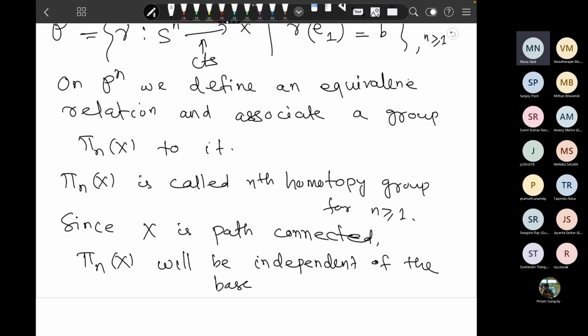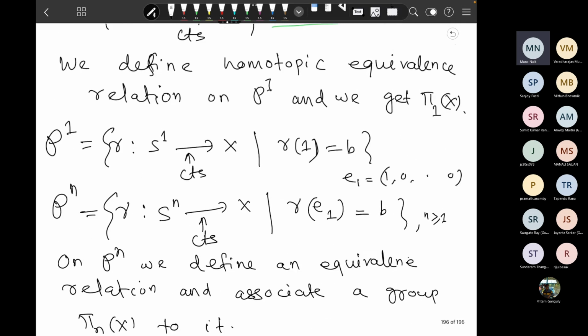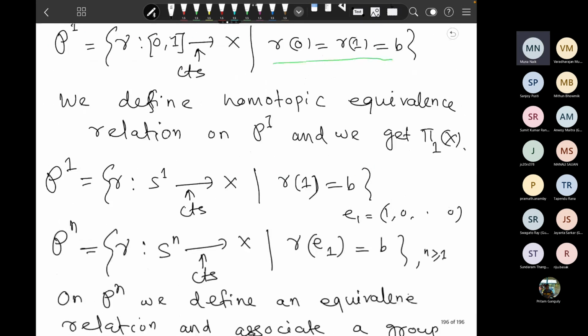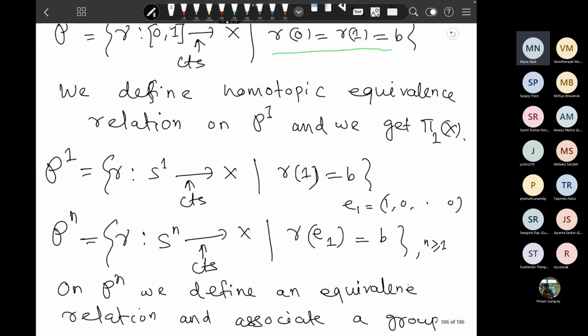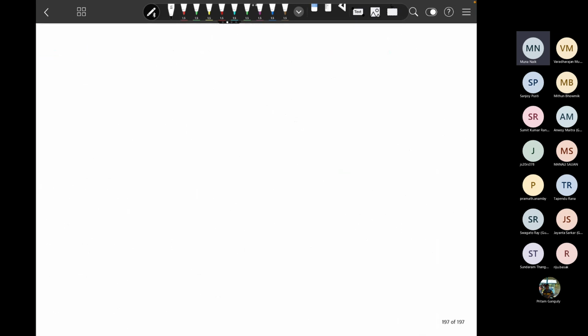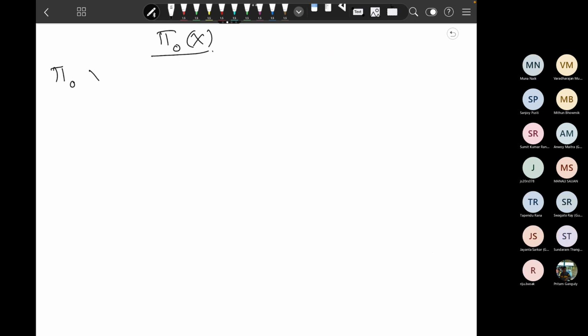Okay, so there is a thing, and there is a notion of pi 0 of X. So this is pi n of X for n greater than or equal to 1. And this pi 0 of X, here actually X is any topological space, so not necessarily path connected.